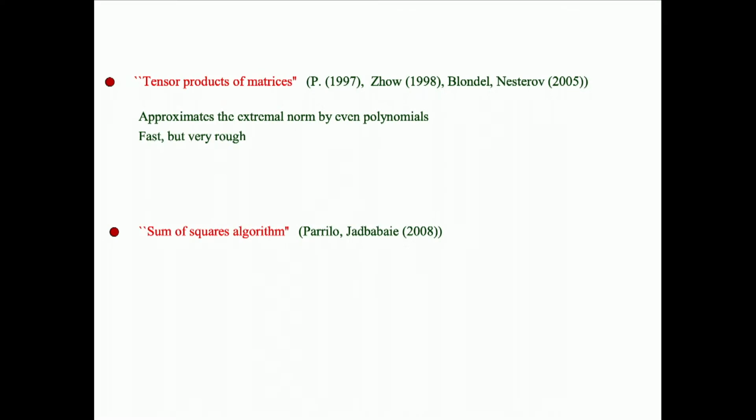And it works only in small dimensions. When the dimension is higher than, let's say, 7, it already doesn't work. A very interesting approach was suggested by Parrilo and Jadbabaie, sum of squares. They find the best norm among the sum of squares polynomials. So you see that there are several numerical methods which try to come from several directions to this problem.